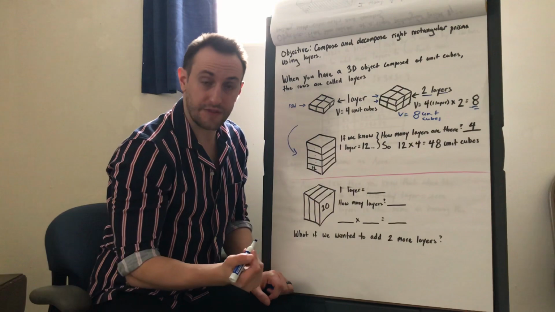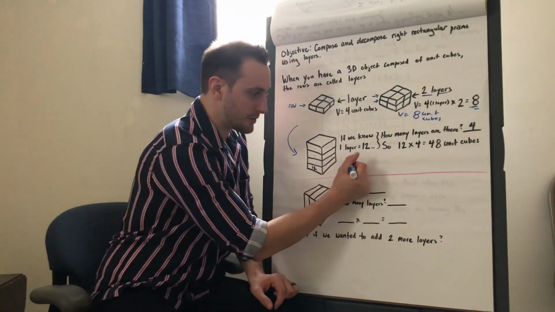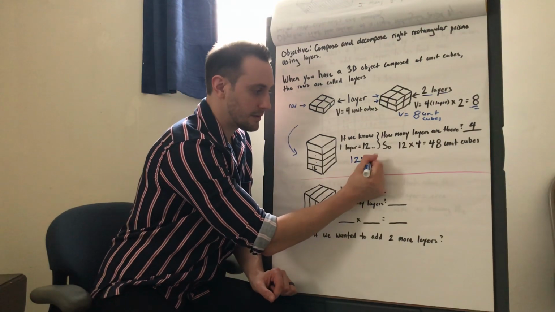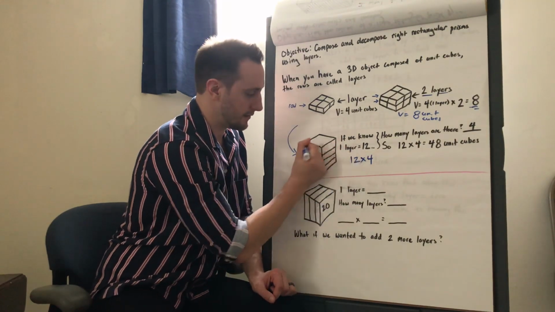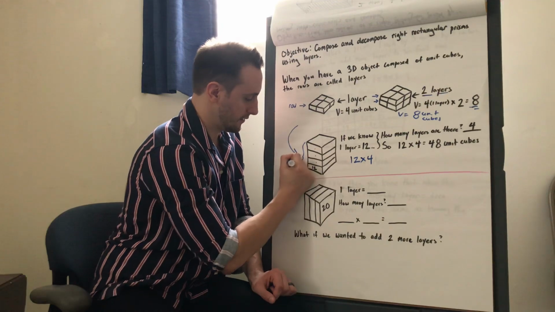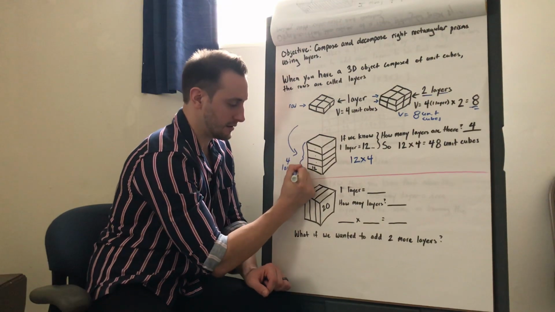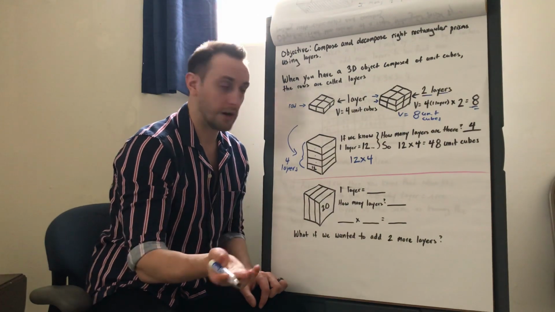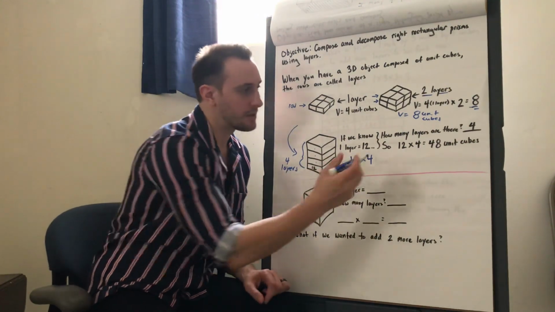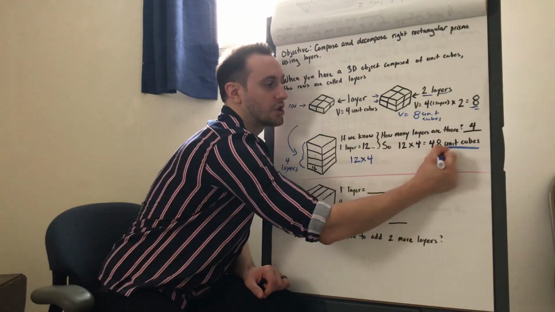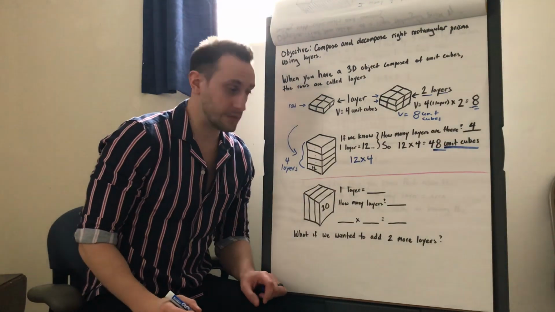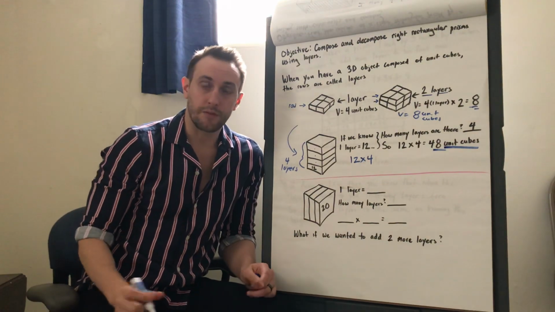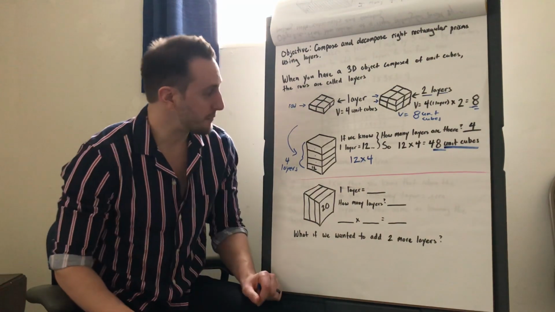So to find out the whole volume I'm going to do the first layer, which is 12, times 4 layers. So what's 4 times 12, or 12 times 4? 48 unit cubes. Okay? So let's do one more before I send you off.